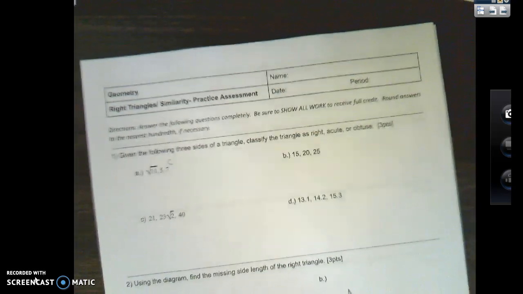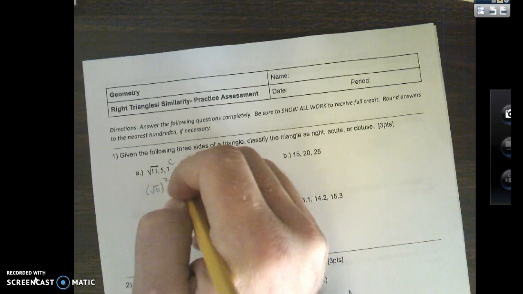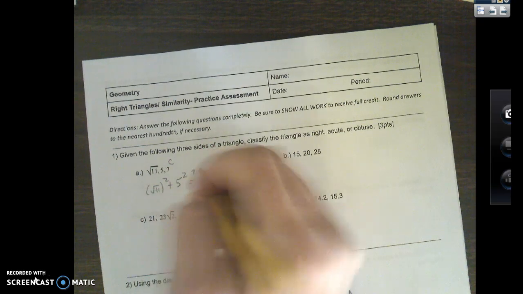And what I want to do is run the Pythagorean theorem. So this will be my A, root 11 squared plus 5 squared, and I'm trying to see if it equals 7 squared.